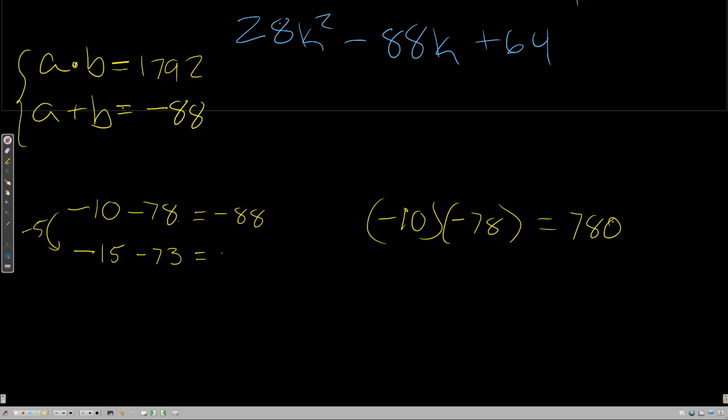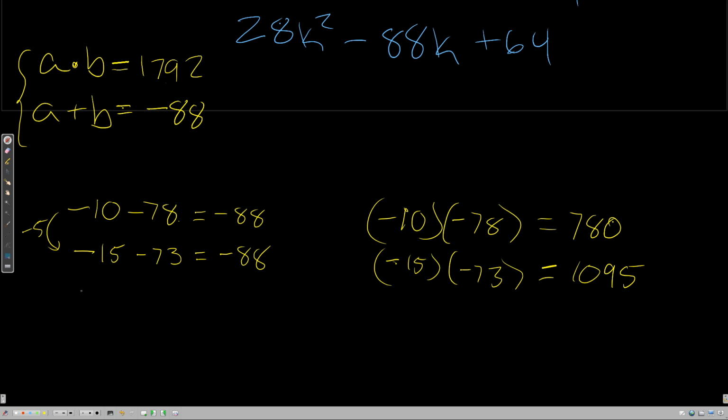And that does add up to minus 88. Negative 15 times negative 73 is 1095. Okay, so that's not my solution.